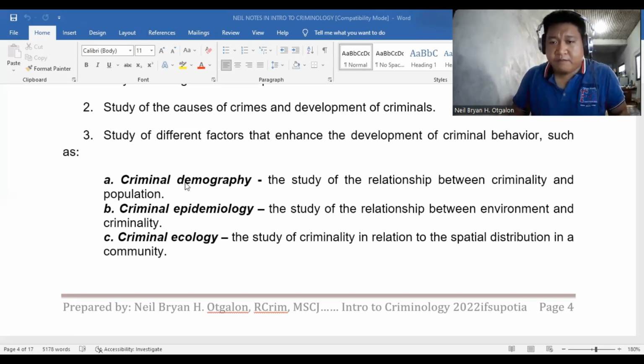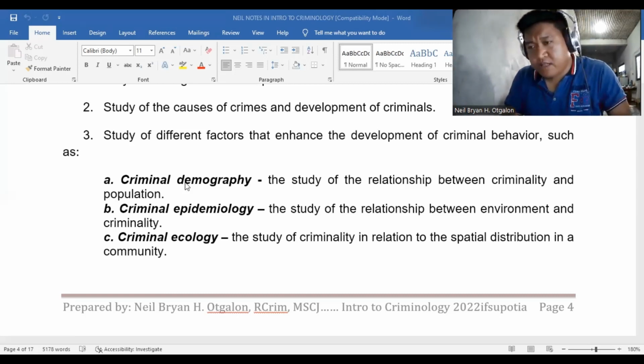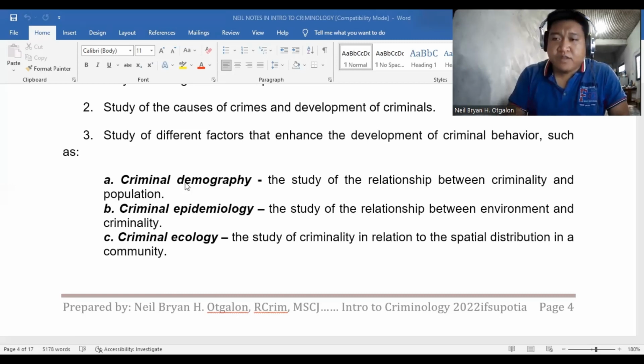So, ibig sabihin, the more crimes that are being committed in a certain area, the more crimes within your surroundings, then there will be the tendency, of what you see, just like yung theory na social disorganization, that the more your area is disorganized, the more pwede ka ring madamay.